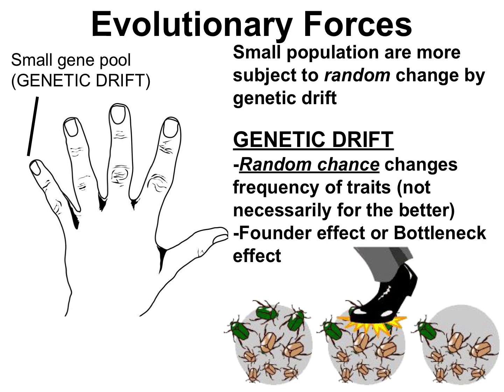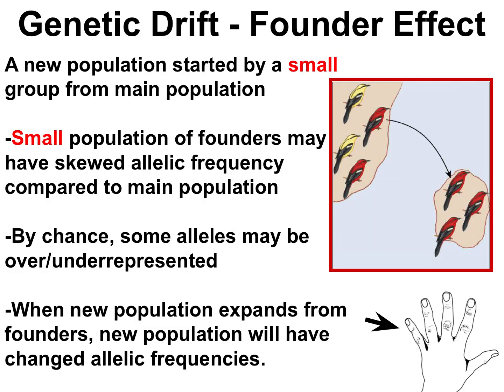There are two types of genetic drift: founder effect and bottleneck effect. A founder effect is when a small population of organisms acts as founders for a new population. A small population breaks off from the main population, goes to a new place, and starts a new population. In this example, some birds from a mainland broke off from the main population, went to this island, and started a brand new population.